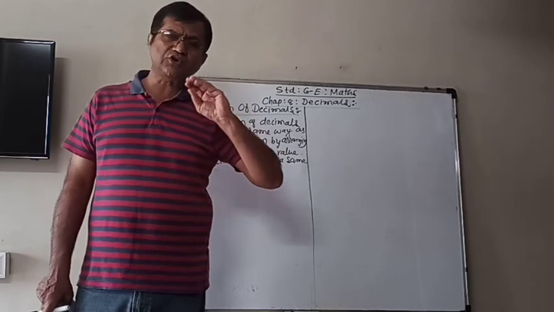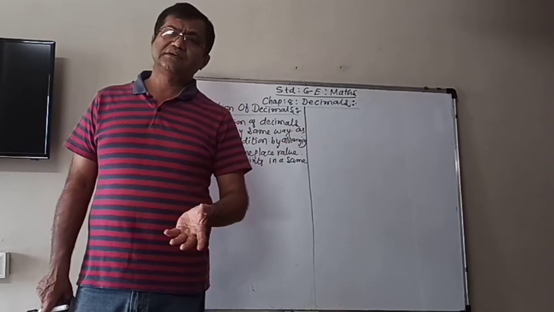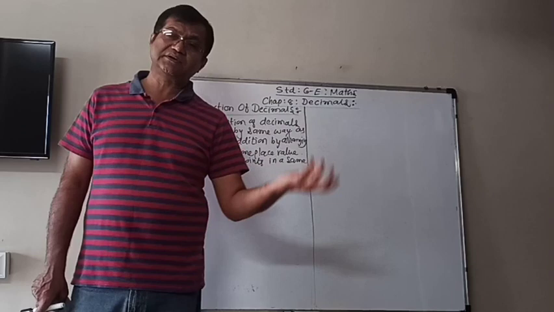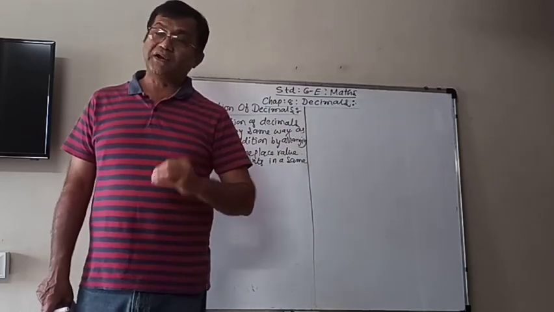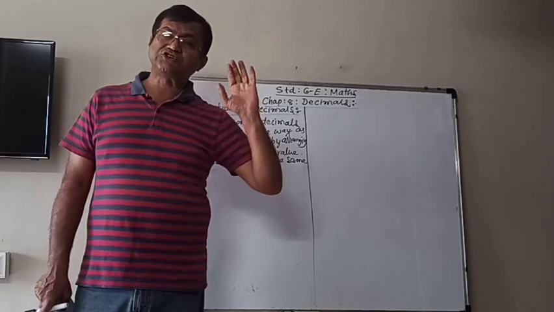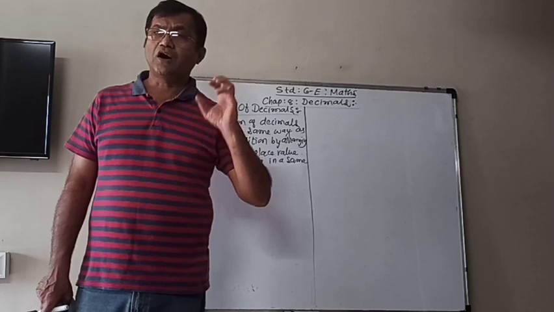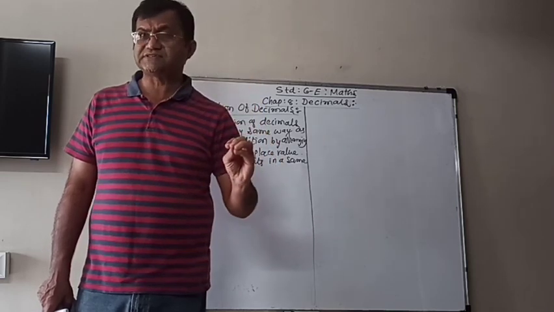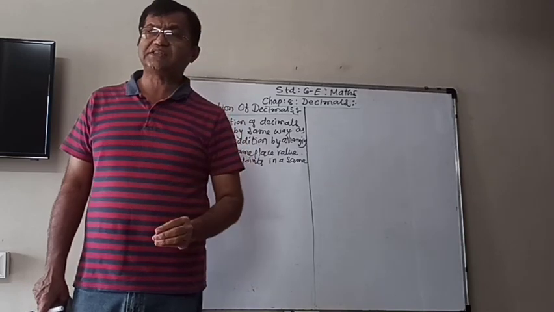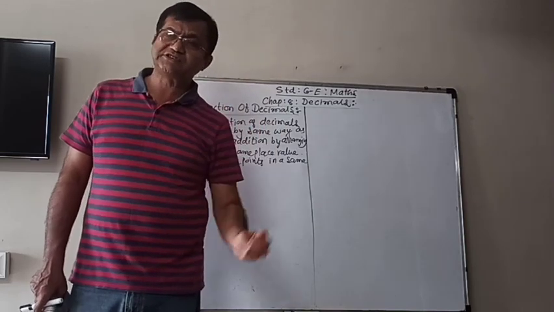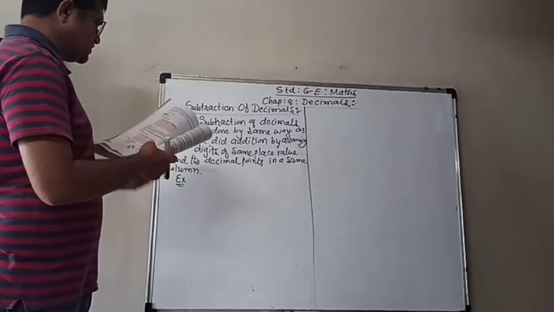So that is also very, very simple. Just as we borrow 10 from the next place, the same thing we have to do here also. Only make sure that the digits are arranged according to their places, like tens under the tens, thousands under the thousands, units place, tens place, etc. Let us understand with an example.